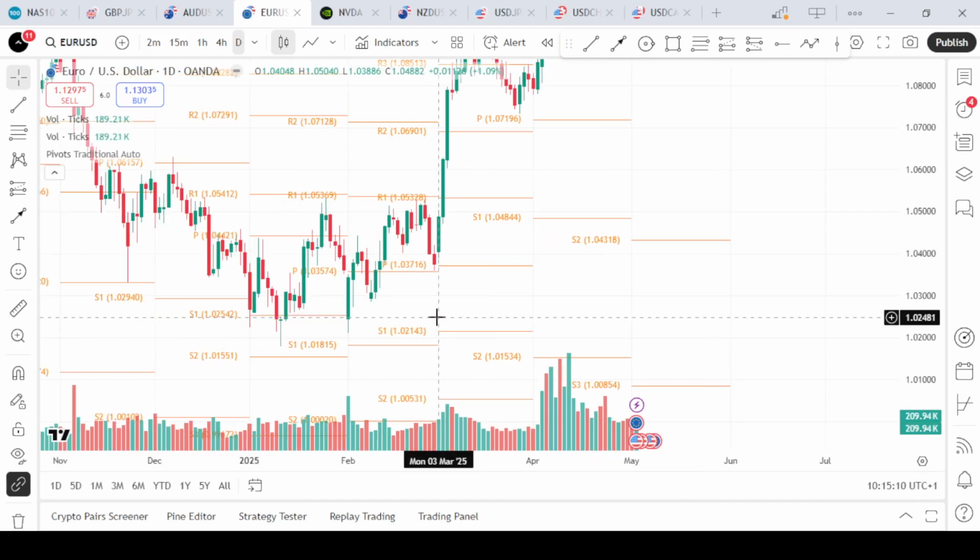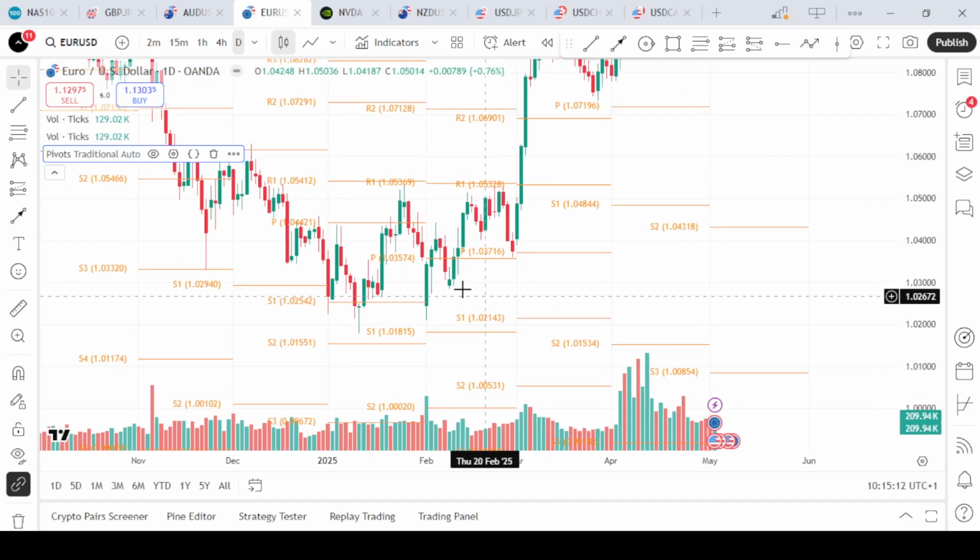So step 3 is to wait for price to approach your pivot point level. Patience is actually crucial. You wait for price to approach one of your key pivot point levels before considering a trade. The most reliable setup typically occurs at the main pivot point during a trend.